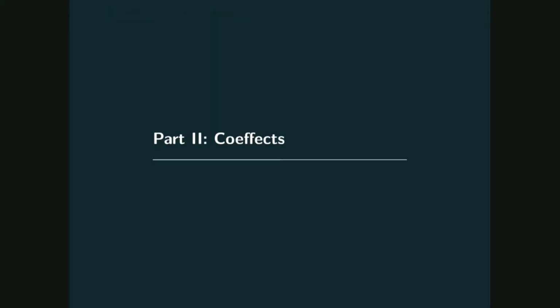All right, that was for effects, but I told you in the introduction that this talk is also about coeffects. So let us start to look at some of my ongoing research on coeffects. In this part of the talk, I will just show you some preliminary results.